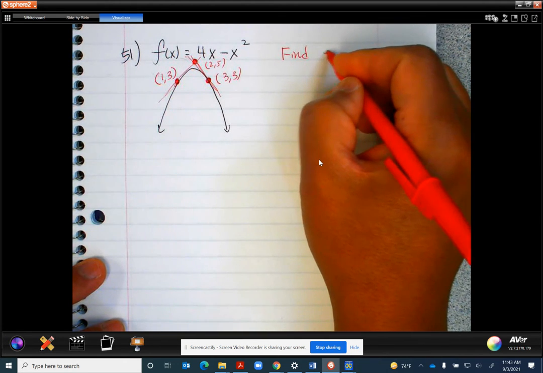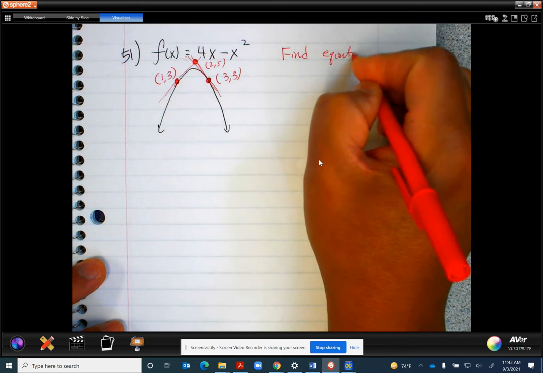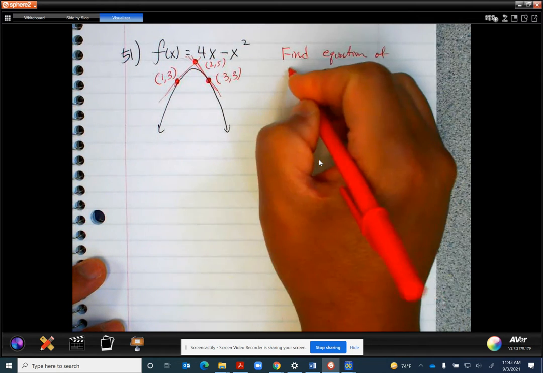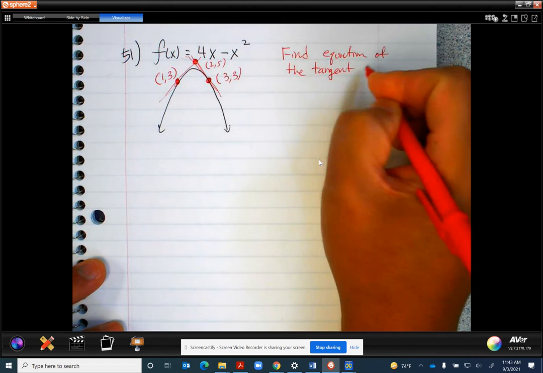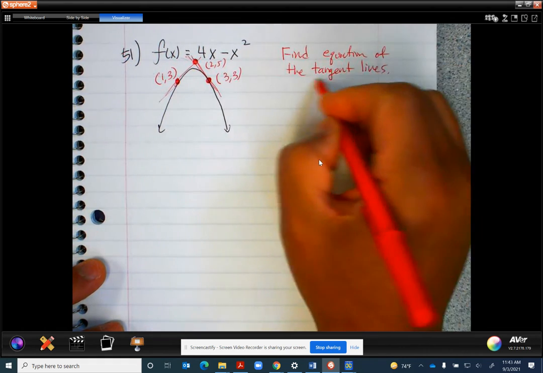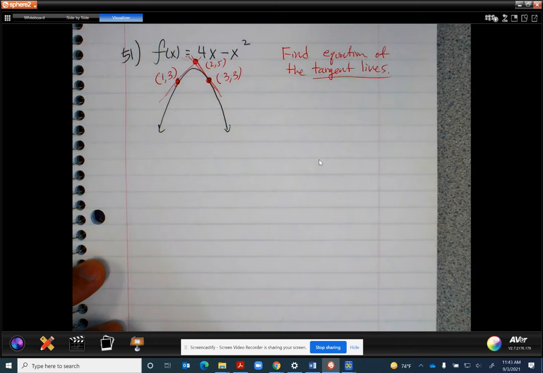Yeah, just the equation of the tangent line. So how many tangent lines do you have? You have 2 tangent lines. So you just want to find the equation.